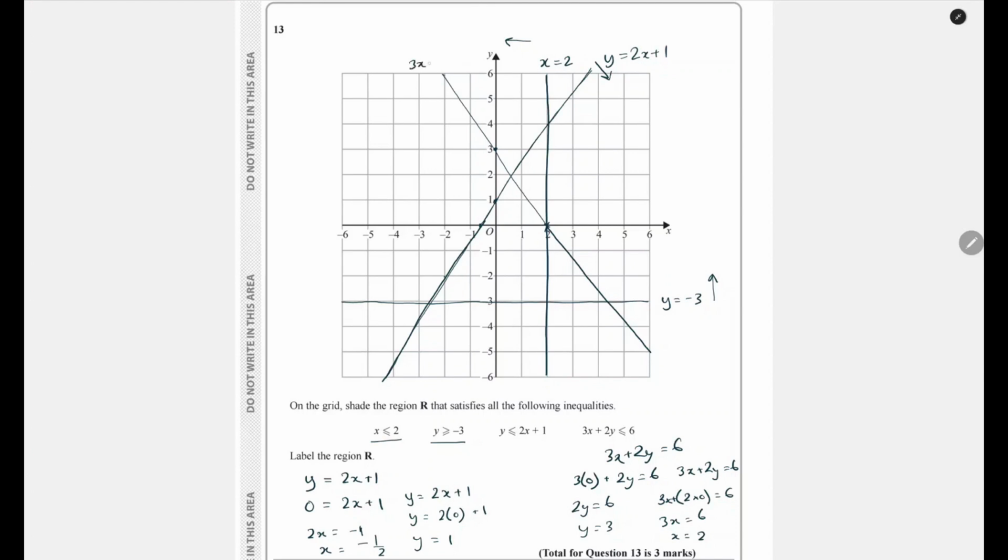That's the line 3x plus 2y is equal to 6. And as it's less than that, it will be everything on this side. So we can see that we've created the region R, which is going to be this region here. And we can label that R.